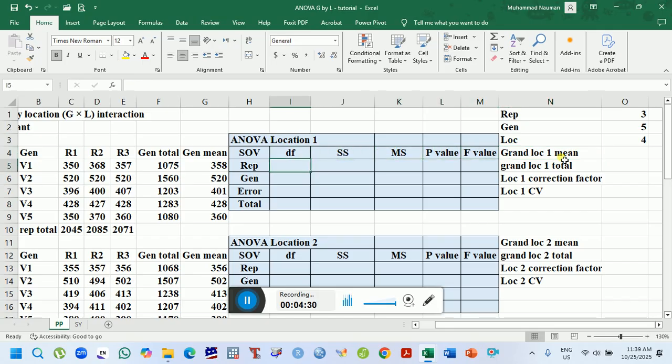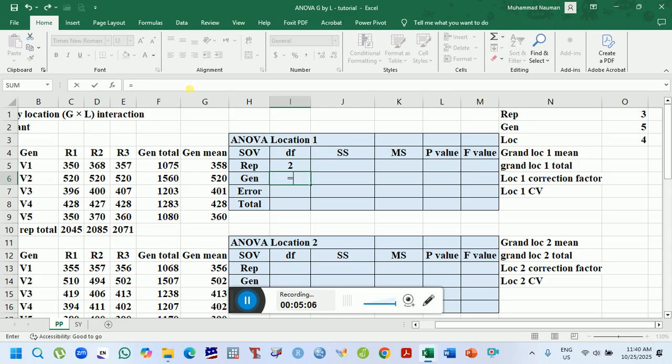Now use it here, is equal to how many replication? 3 replication, and to fix this reference address we will place the dollar sign before and after the alphabet. Minus 1. Total 3 replication, degree of freedom when we put it in degree of freedom, it will be subtracted from -1.